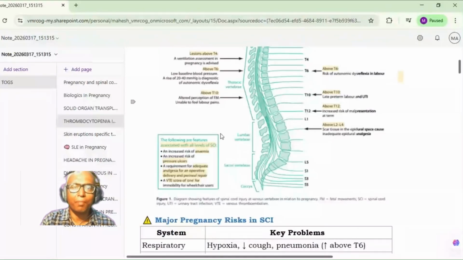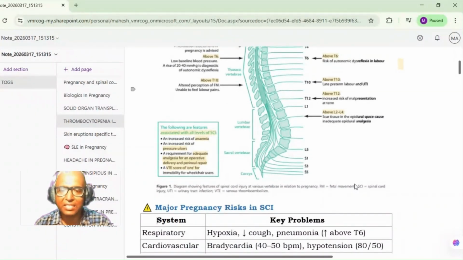Apart from that, at all levels, there is an increased risk of anemia, pressure ulcers, a requirement for adequate analgesia for operative delivery and perineal repair, and a VTE score of 1 for immobility for wheelchair users. So these are the things which we should keep in mind.